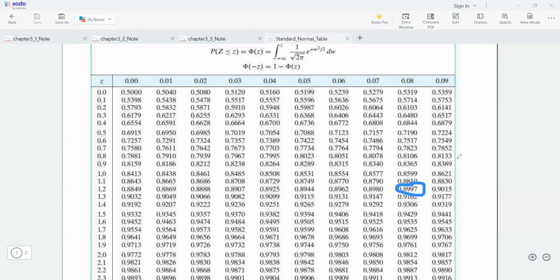After we have this value, it's kind of backward to what we did before, right? We have the value in the table, and we go back to look at which row and which column it sits in. For the row, going to the left, the row name is 1.2. And the column we are looking for is 0.08.